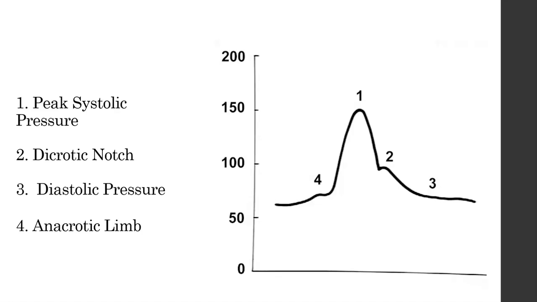As blood continues to flow to the periphery, like our hands and our feet, the pressure in the arterial system continues to fall, and the lowest point of the waveform is the diastolic pressure. You guys do need to know what each of these are and what they do.